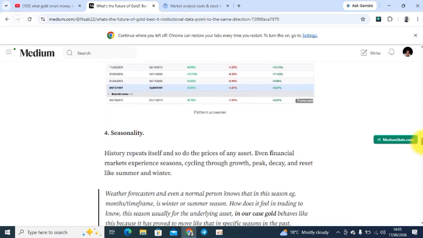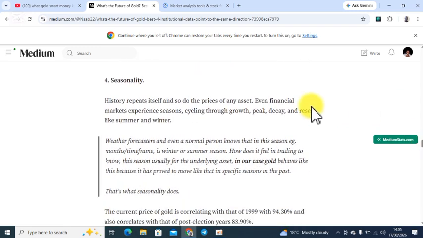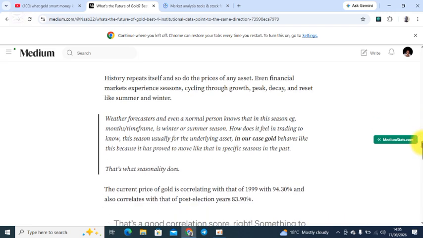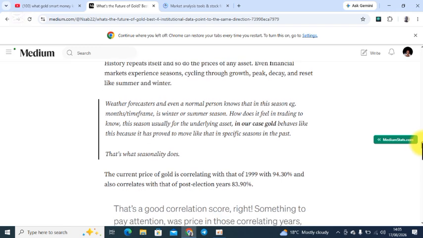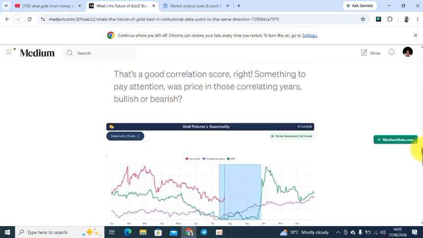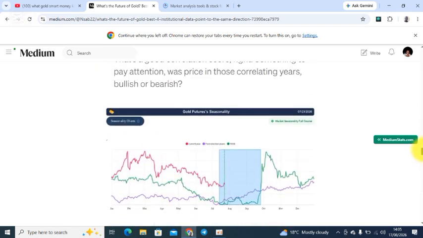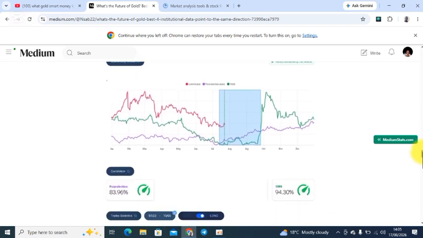I went ahead to use the 4th screener, which is seasonality, that looks back in the past to see if there is price action or behavior in some years that behaved exactly as it is happening right now. So we found that the current price of gold is behaving or correlating with that of 1999, 94.30%.